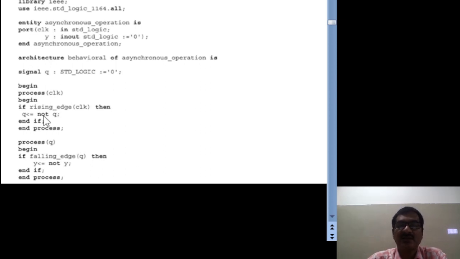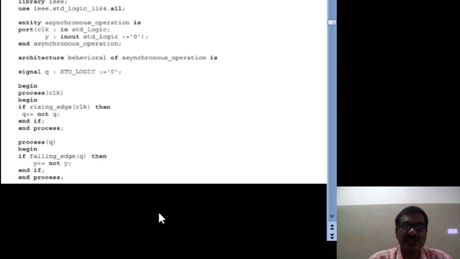Q equal to not Q is with reference to the clock signal, whereas Y equal to not Y is with reference to Q. This is the example for asynchronous operation. Sometimes you need to go for synchronous operations, and sometimes for asynchronous operation. Compared to the synchronous case, asynchronous designs are very difficult, whereas synchronous operations are very easy, and you can easily implement them.